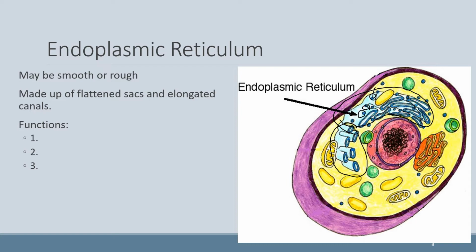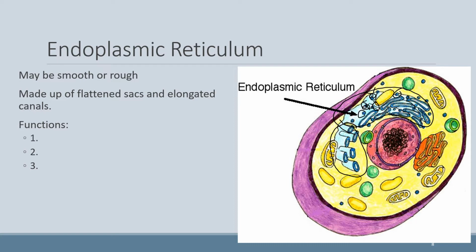The second function is both protein and lipid synthesis. If it is rough endoplasmic reticulum, the ribosomes are going to be responsible for producing or synthesizing proteins. So the rough endoplasmic reticulum will play a large role in synthesis of proteins and also of lipids.